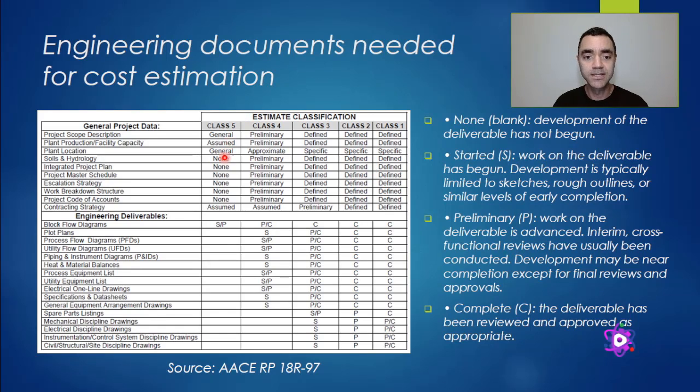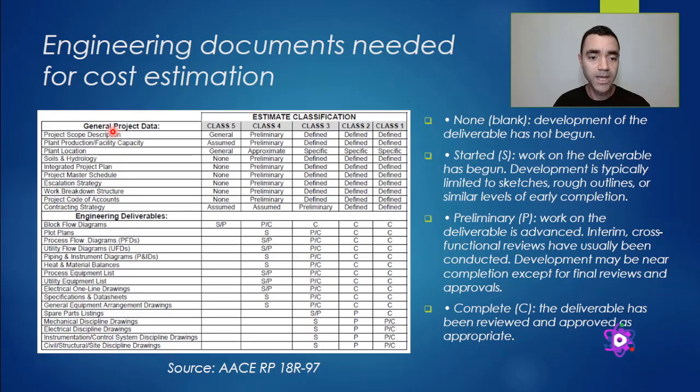As we have discussed earlier, the earlier your project is, the less definition is available, and because of that, your cost estimation has a lower accuracy. So in this way, when we are in the class 5, in this recommended practice, the definition of the project ranges from 0% to 2%.